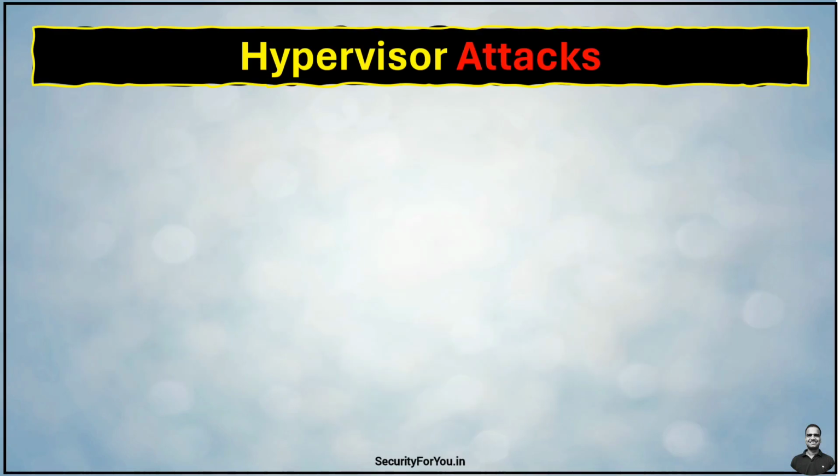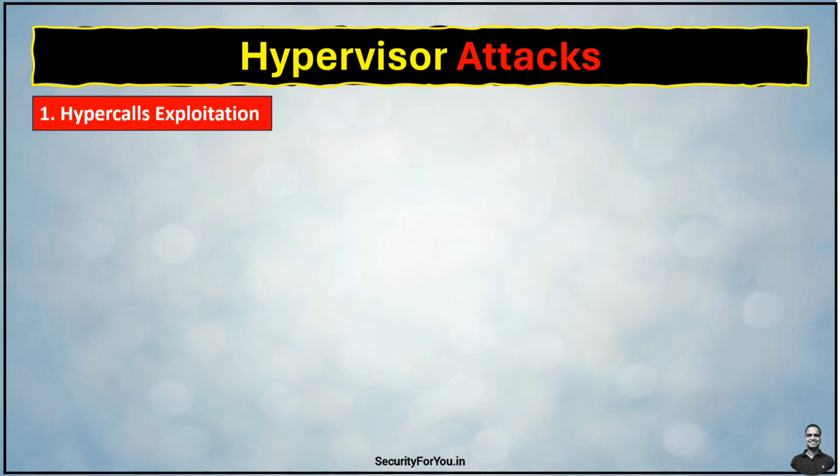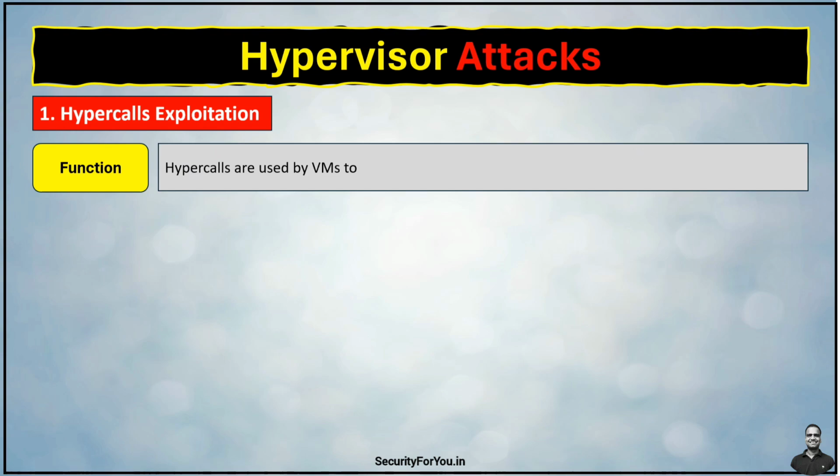Now moving to hypervisor attacks. Hypervisor attacks involve exploiting vulnerabilities in the hypervisor to gain unauthorized access, inject malicious code, or disrupt service. Let's understand some of the hypervisor attacks. Hypercalls exploitation. As we already know, hypercalls are used by VMs to request services from the hypervisor.